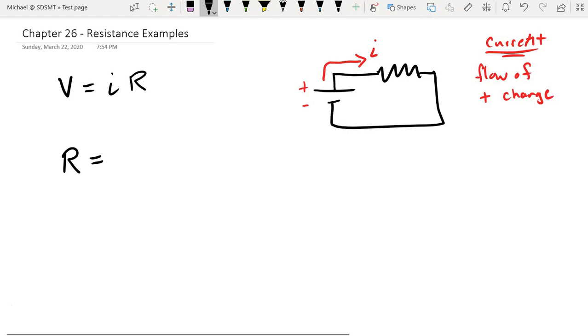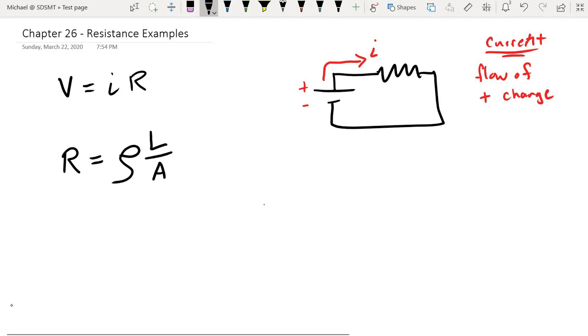The second equation that we saw during the last video was the equation for resistance. Resistance depends on two main characteristics. We have the resistivity of the material, which is unique to the material itself, along with a combination of geometry, so length and cross-sectional area of the object.